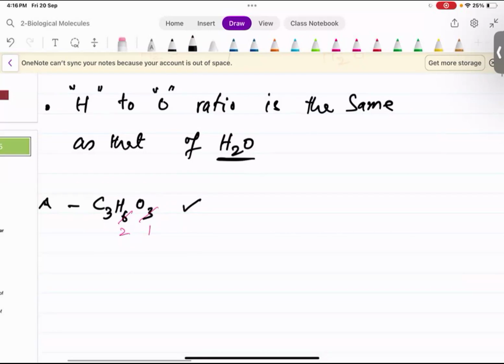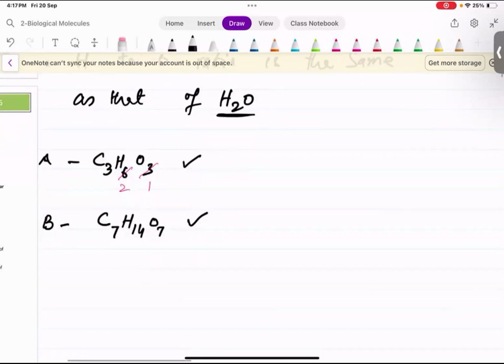Let's see if it is C7H14O7. Is this a carbohydrate? Yes. But let's see if it is C17H34O2. Is this a carbohydrate? No, not a carbohydrate.